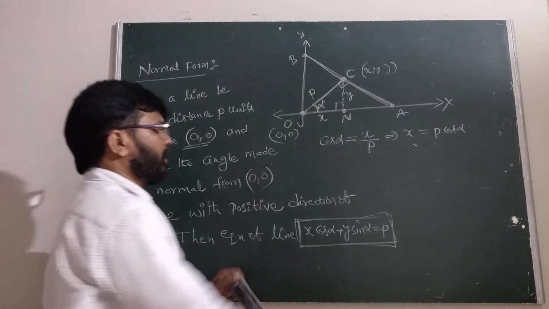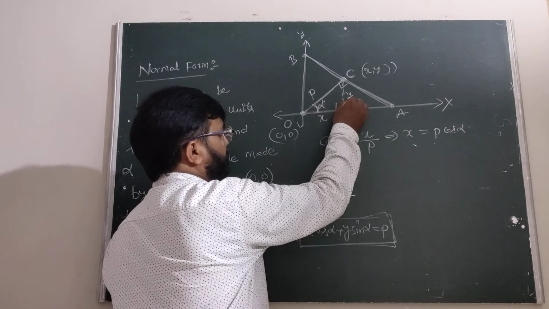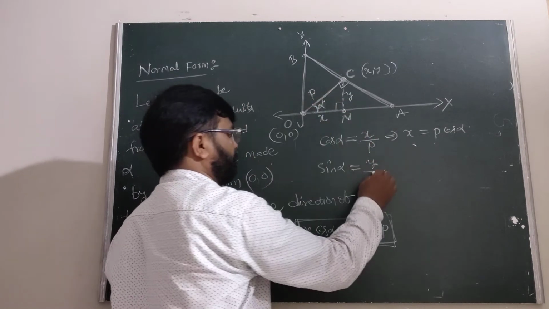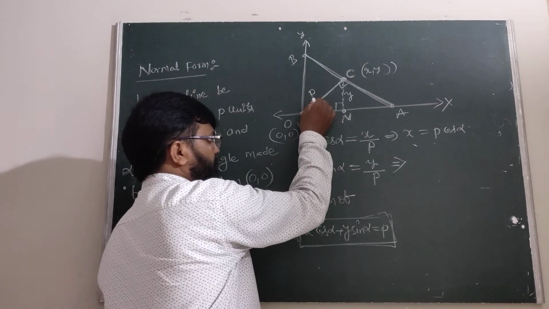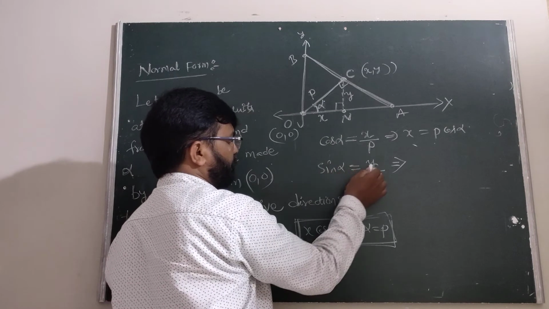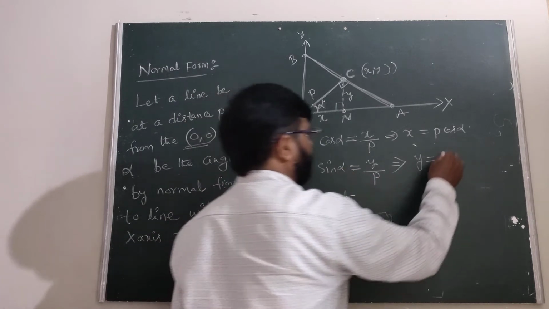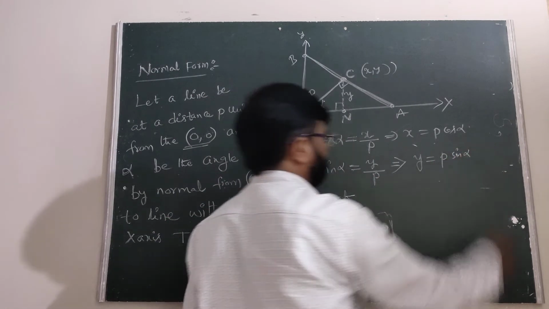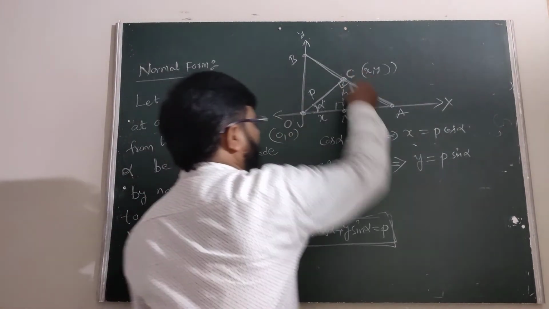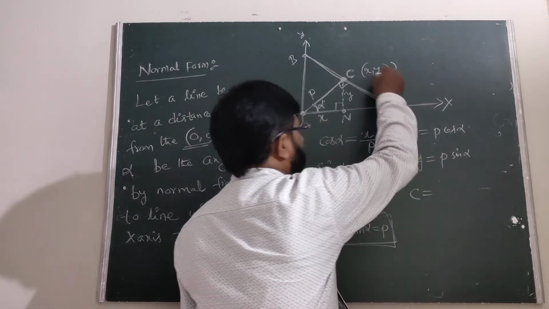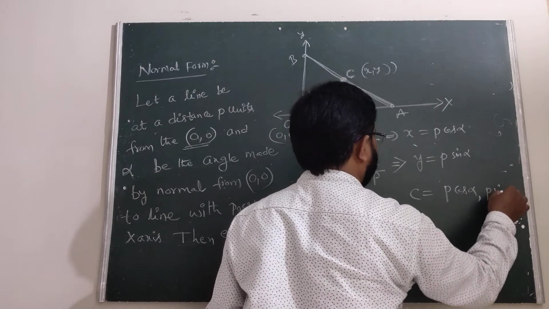Similarly, sin alpha is the opposite side of alpha, which is y, over the hypotenuse p. Now y = p sin alpha. Now we know that the point C is (x, y), that means (p cos alpha, p sin alpha).